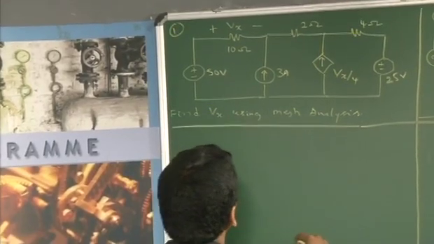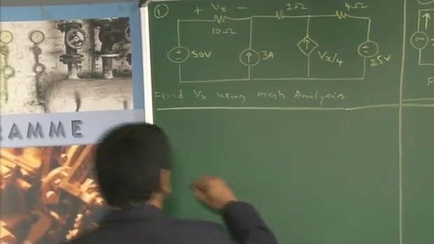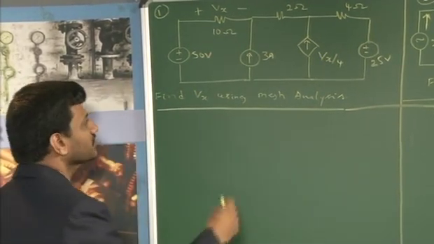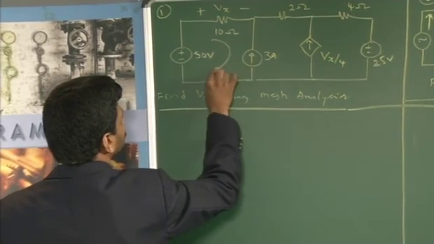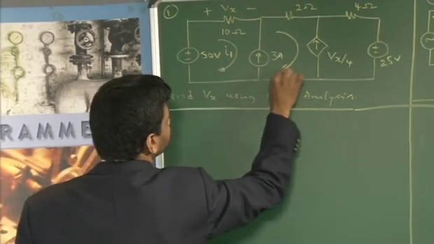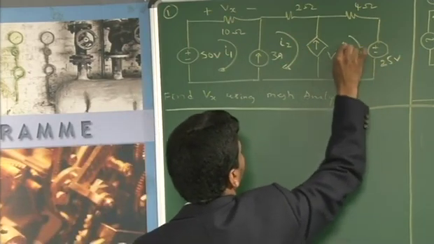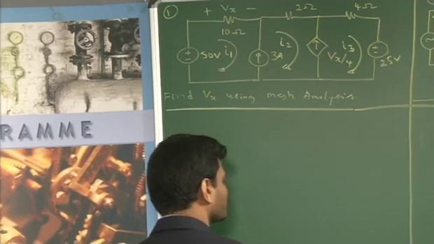And the first job we need to do in the mesh analysis is to identify the meshes and the corresponding mesh currents. This is mesh 1 wherein I1 flows, this is mesh 2 wherein I2 flows, and this is mesh 3 wherein I3 flows.